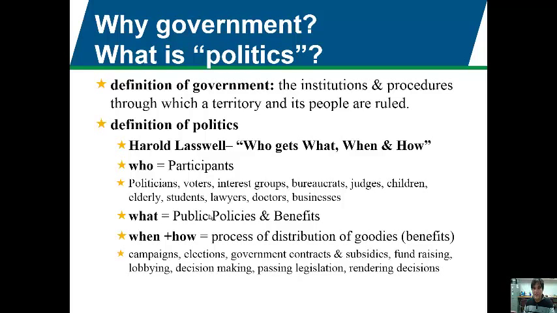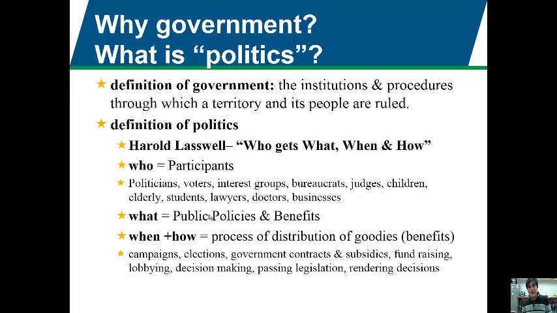And all these institutions and procedures rule both a territory and its people. Territory and people all fall under the umbrella of the institutions and procedures, which is the government. That definition, I can guarantee, will be on your test: the institutions and procedures through which a territory and its people are ruled.